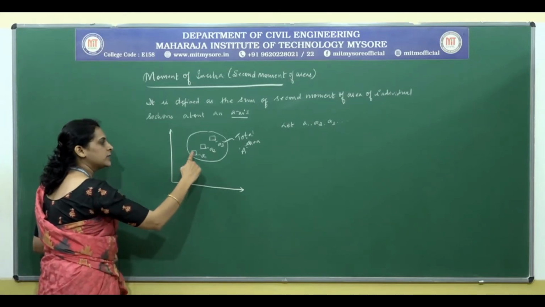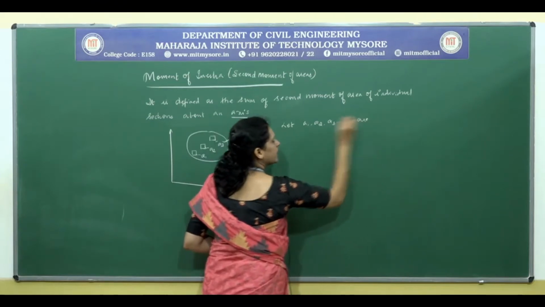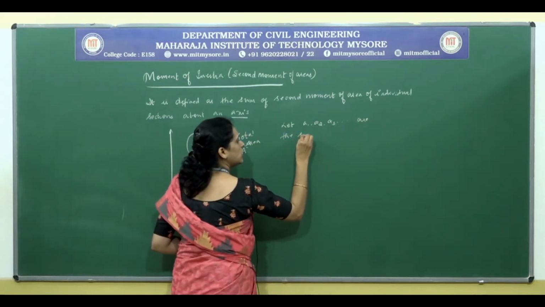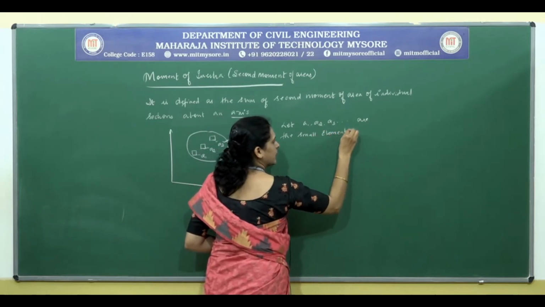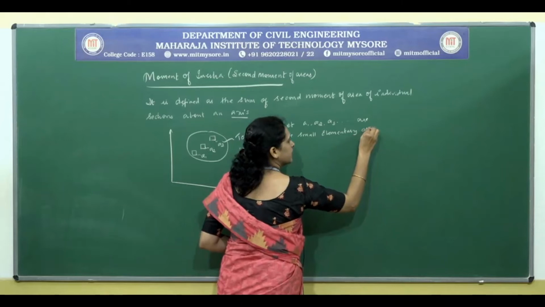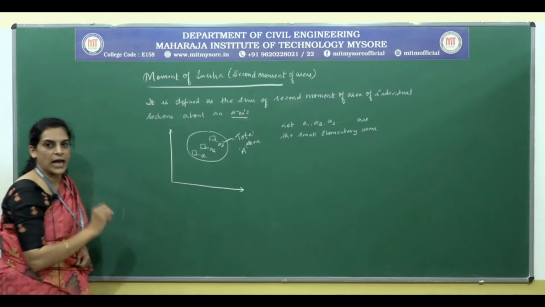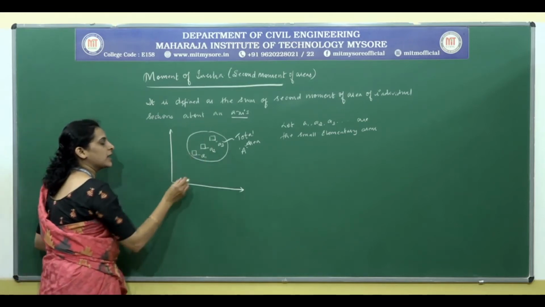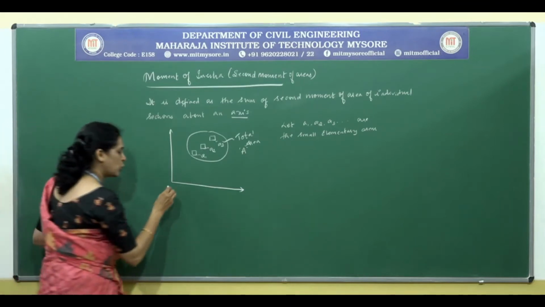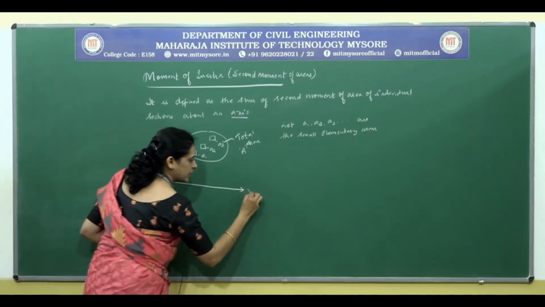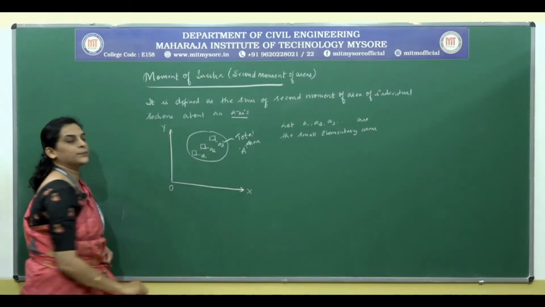So amongst that, A1, A2 and A3 are the small elementary areas. We will have to see that these areas are placed at some distance apart, right? So here is the reference axis OX and OY.